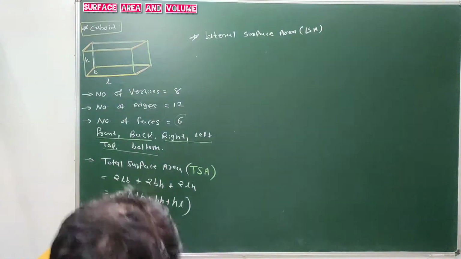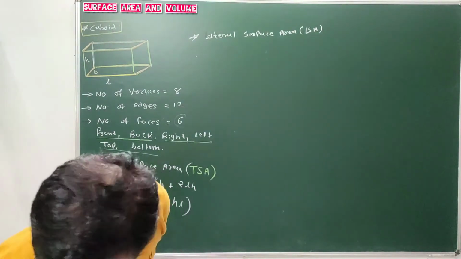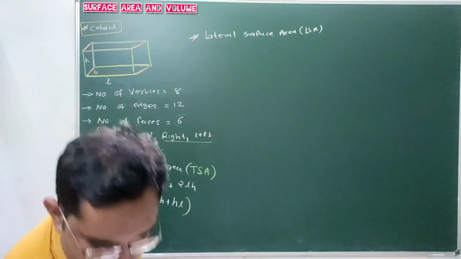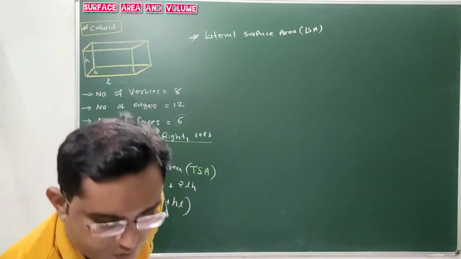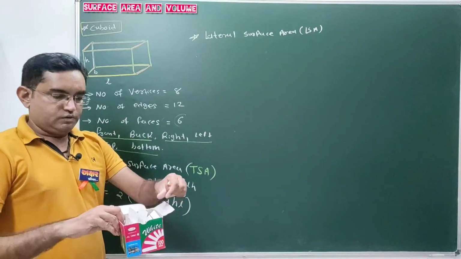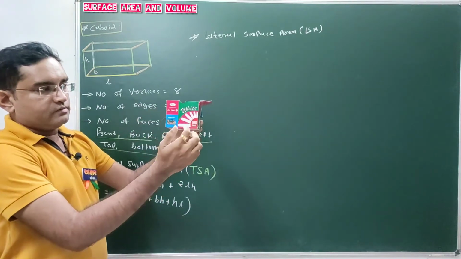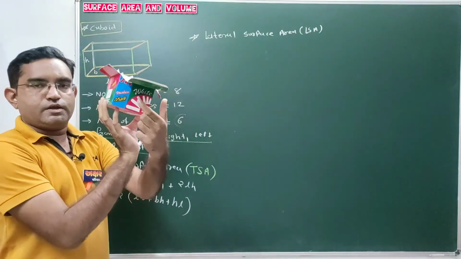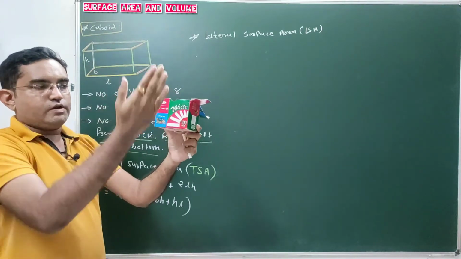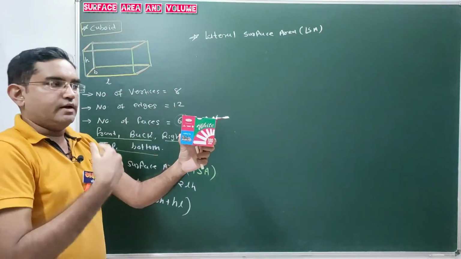For example, if we have this cuboid, a cuboidal shape box, there is a front face, then a back face, top face, bottom face, right face and left face.